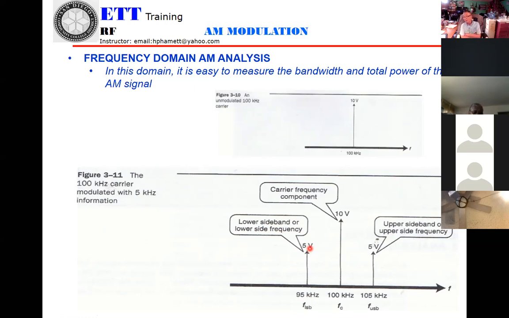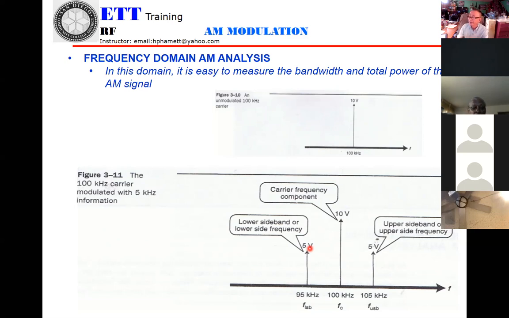Okay, now I have a question. If you're looking at that display, what is the bandwidth? In kilohertz? 10 kilohertz. How do you get that?